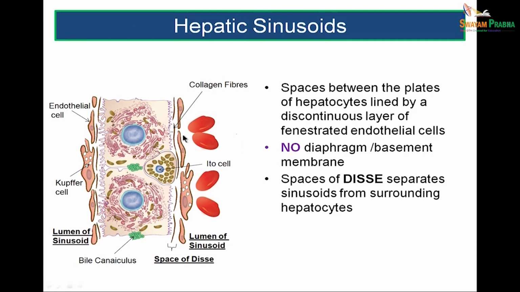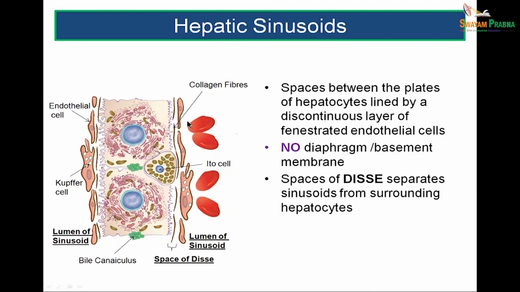Now, the endothelial cells that you see here, we see 1, 2, 3 endothelial cells. These endothelial cells are discontinuous. Do you notice they are not touching? So, there is a discontinuous layer of endothelial cells. They are fenestrated, there is no diaphragm and there is no basement membrane.